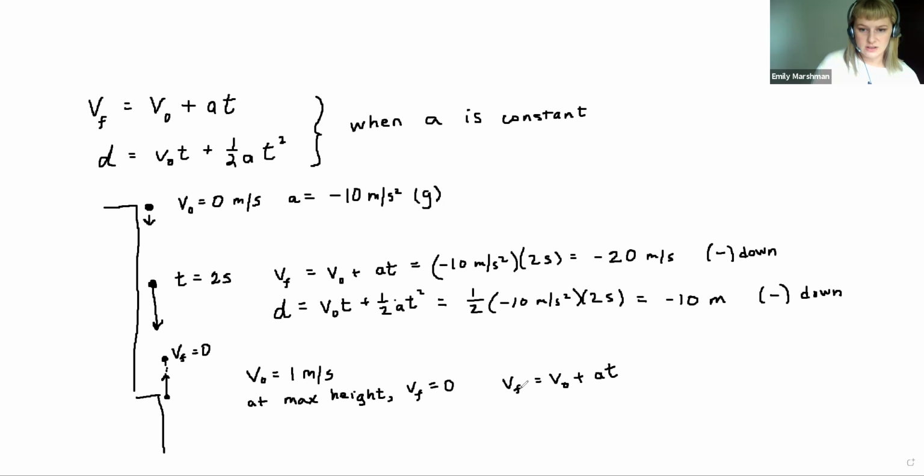I know the final velocity, I know the initial velocity, and I know the acceleration. And I can solve for the time it takes for me to reach the maximum height, its peak. If I do a little bit of rearranging here, time is equal to V final minus V initial divided by acceleration. That's just a little bit of algebra.